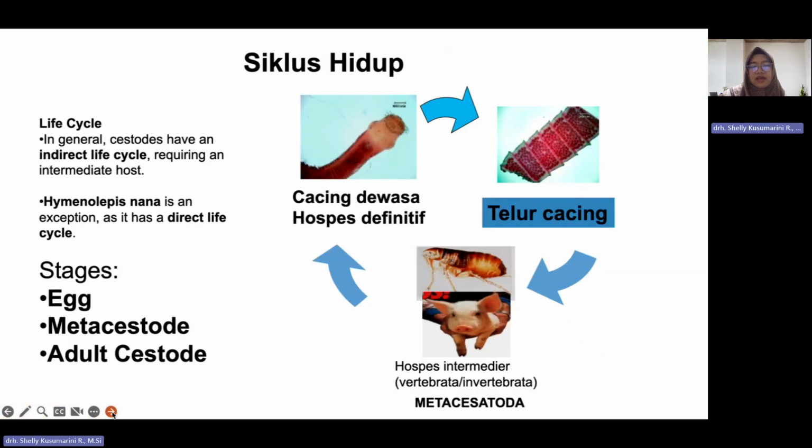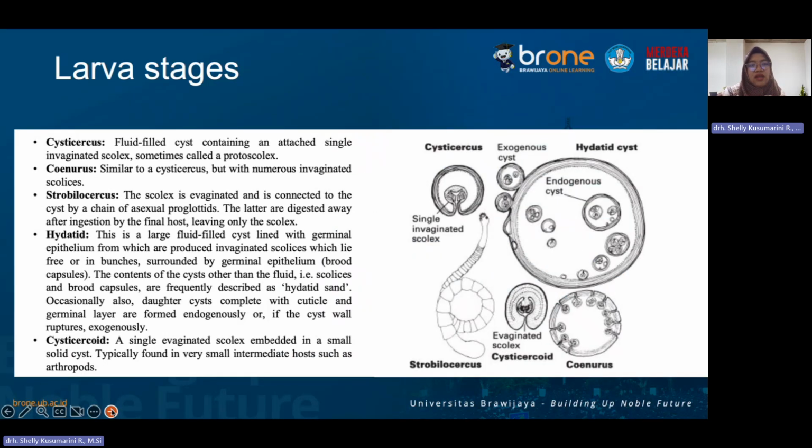And then this is the life cycle. The life cycle consists of the egg stage, the metacestode stage in intermediate hosts, invertebrate and vertebrate, and also the adult cestode stage in the ileum or intestine. The larval stages are Cysticercus, Coenurus, Strobilocercus, Hydatid, and Cysticercoid.